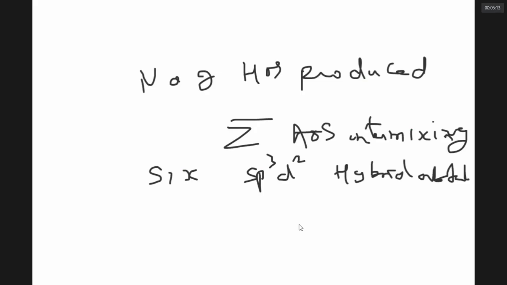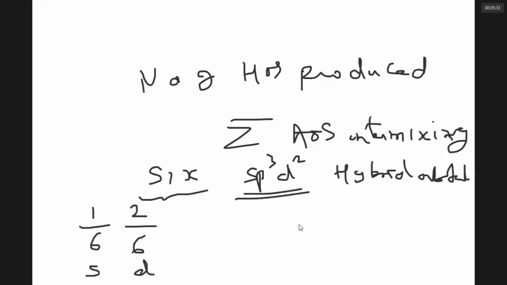These sp3d2 hybrid orbitals have how many numbers? 6. Out of 6, 1 is an s orbital, so it has 1/6 s character. 2 are d orbitals, 2/6 d character, and 3 out of 6 are p orbitals, 3/6 p character.